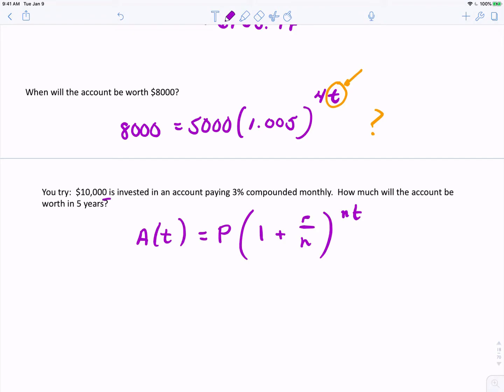So in this account, we have an initial investment of $10,000. Our rate is 3%, in other words, 0.03, and compounded monthly means that N will be equal to 12, since there's 12 months in a year, and we want to know what the account will be worth in 5 years. Okay, so I'll give you a moment to do that on your calculator.